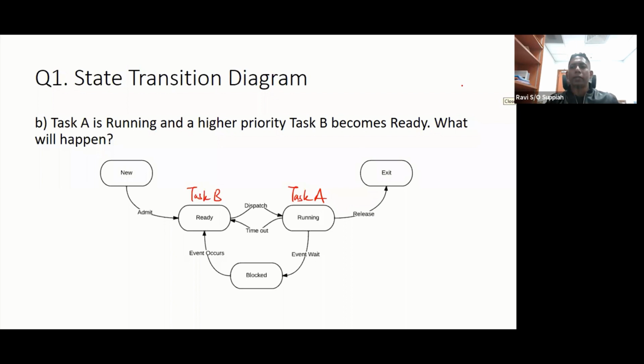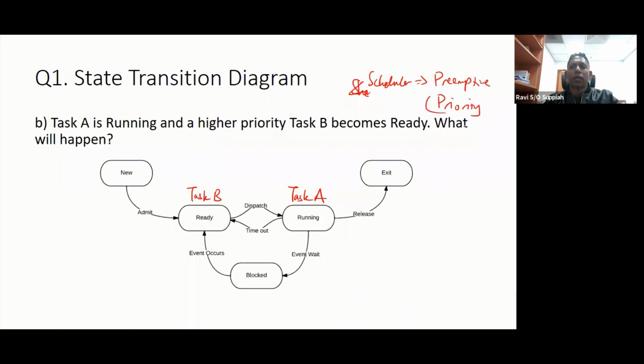So for this scenario, if task A is running and task B, which is a higher priority, gets ready, what will happen? The first thing we must understand is the scheduler that we are using. The scheduler is based on the preemptive mode of operation, where the main deciding factor is priority.